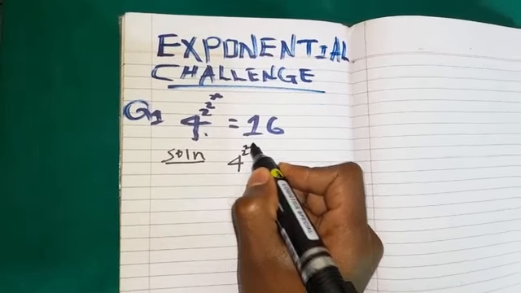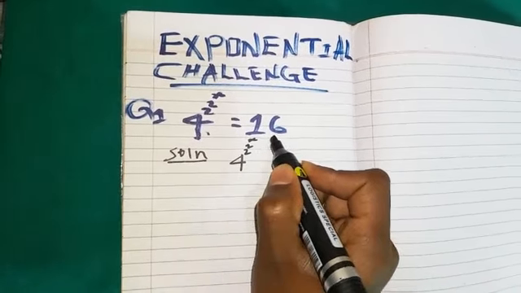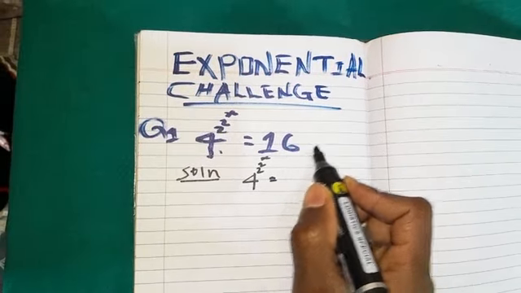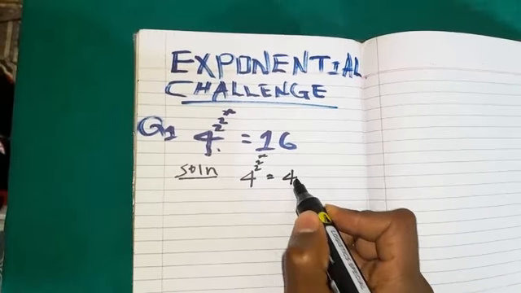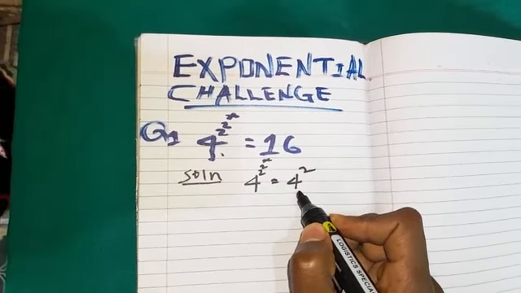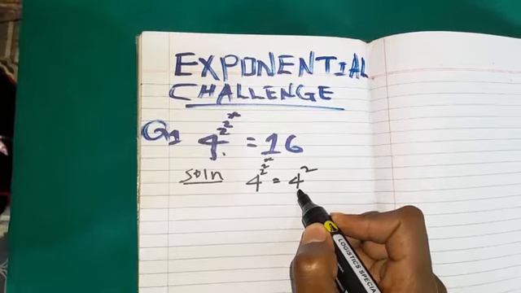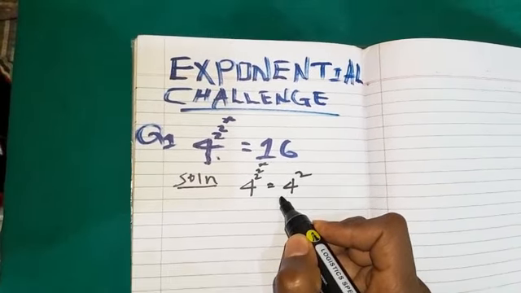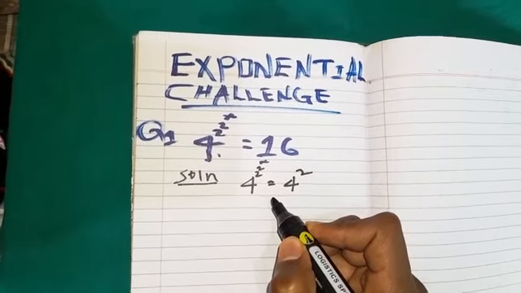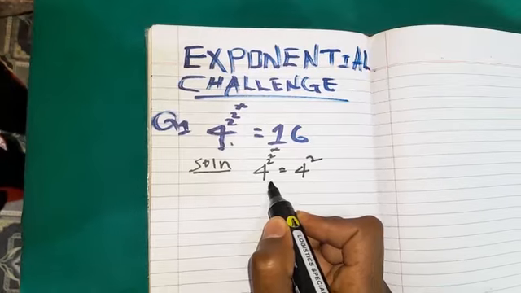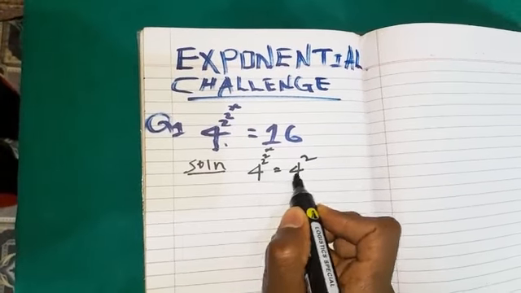Do you get the idea? We are going to cancel the base, because it must be rewritten with the same base. This 4 is also the same.